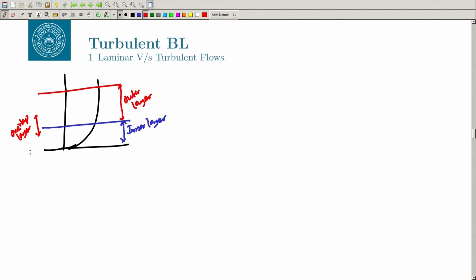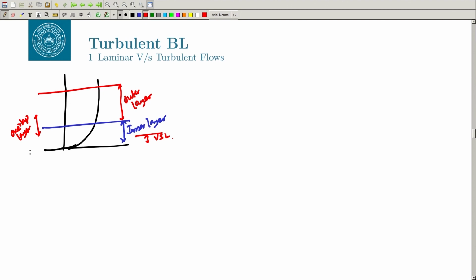Now within the inner layer we discussed that we have this viscous sublayer. It is also called a laminar sublayer, but I think the more common terminology nowadays is the viscous sublayer. So remember, this is a turbulent flow. We are talking about the turbulent mean flow.